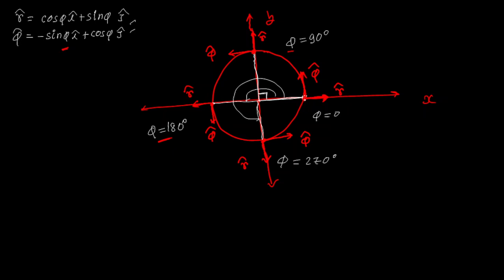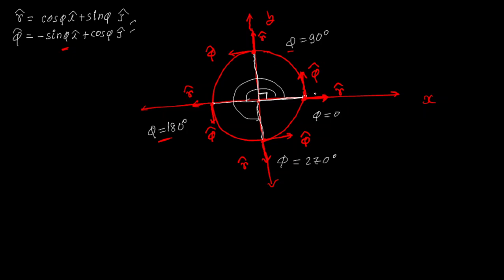In the same way, if you keep the value of r fixed and just increase the value of phi, this point will start moving in this direction. So phi cap will give you the direction along which phi actually increases.